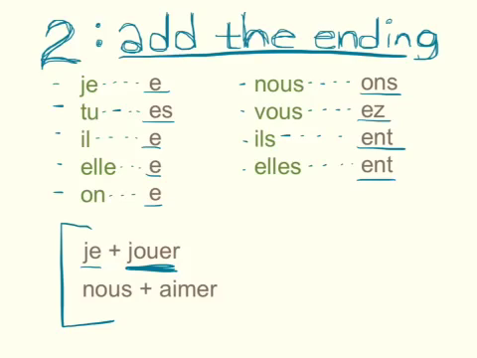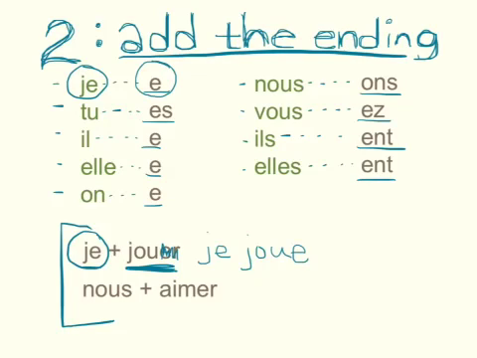So what I'll do is I'll take off the ER ending, and what I'm left with is je and then J-O-U. And then I'll go up here, I have je, so I'll find je up in our chart and find the appropriate ending, which is just the letter E. And I add that onto the end and I get je joue. Now I'm done. I've completed that conjugation. Je joue means I play.